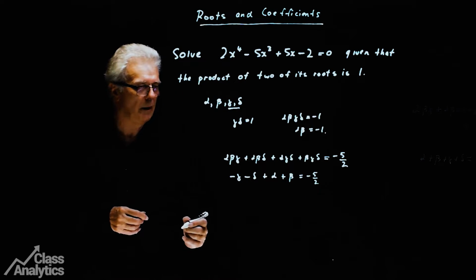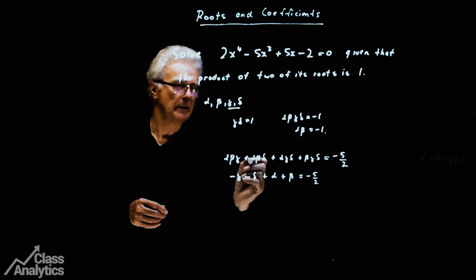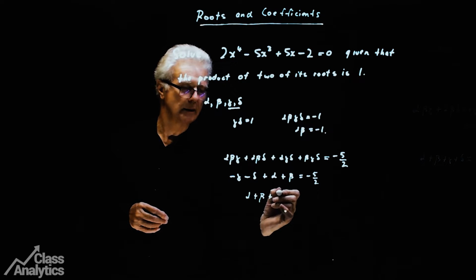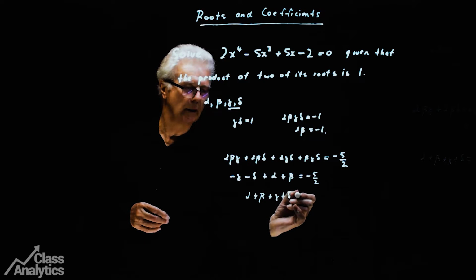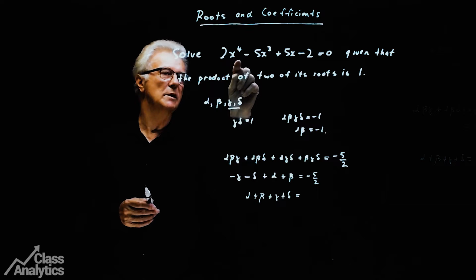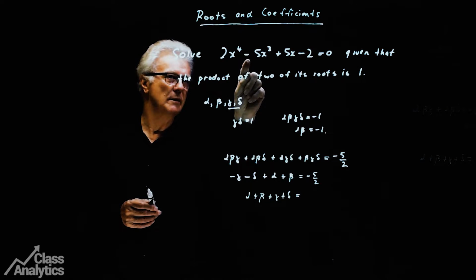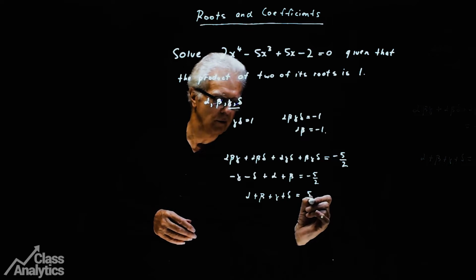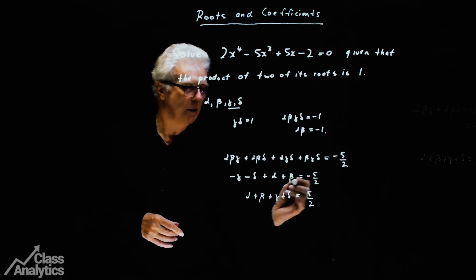Now, we also know that the sum of the roots, alpha plus beta plus gamma plus delta, from here is equal to, this would be minus that, so it's 5 over 2.